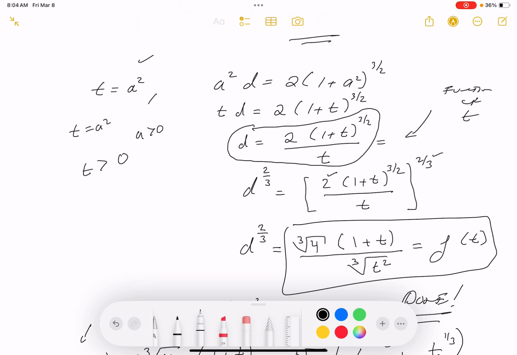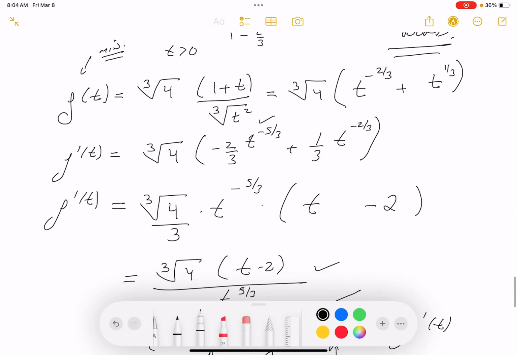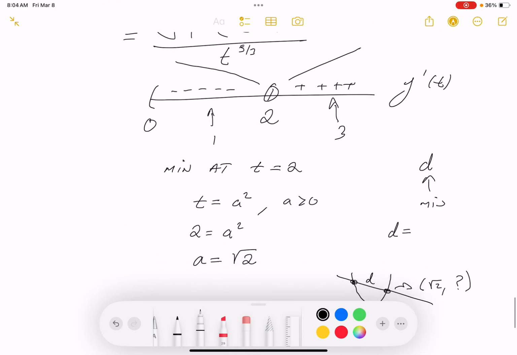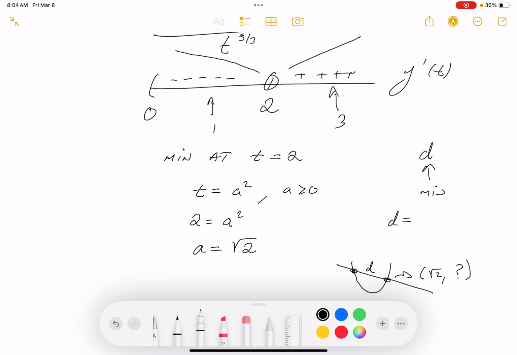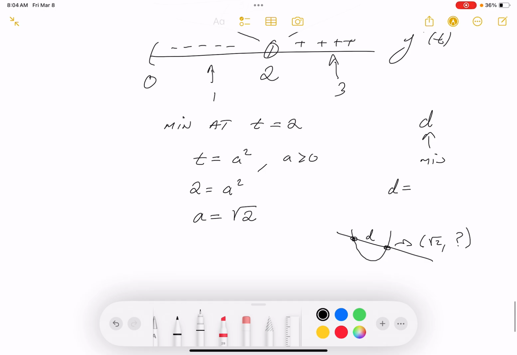Let's see what the easiest one to use is. I want to go back and use that. But I do have to discuss that d, don't I? Well, let me do f of t. What's f of t? Cube root of 4, t plus 1, over cube root of t squared, and that equals the d to the 2/3, by the way.